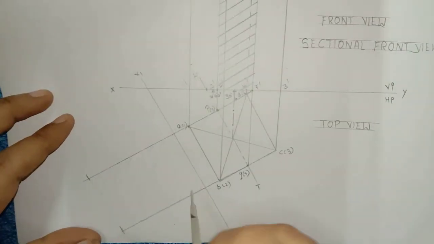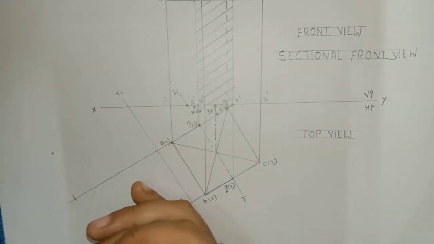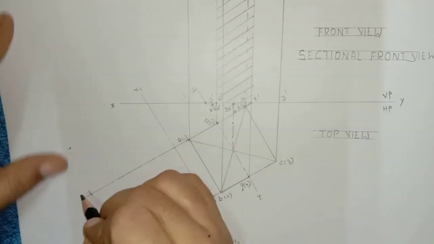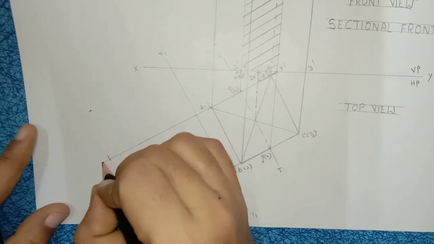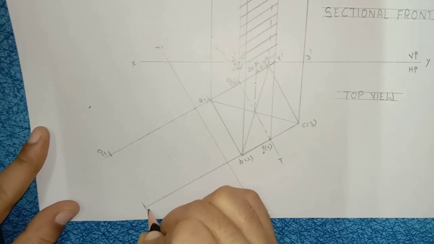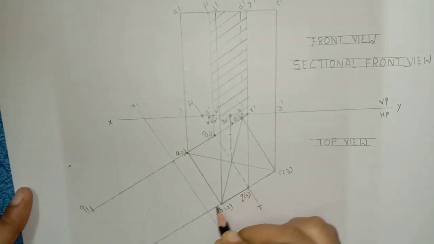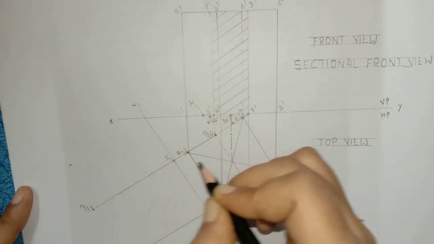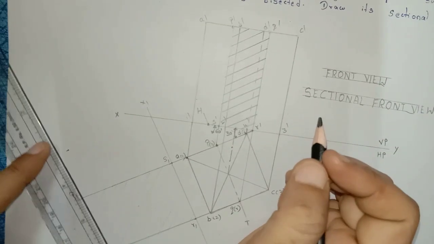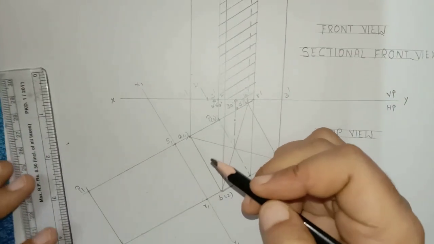Mark the point Q. Anyway, R point, S point is on the baseline. So this point is here P1, Q1, right? So this is the R point, R1. This is here S1. Right? Now join this P1, Q1, R1, S1. You will get the true shape.